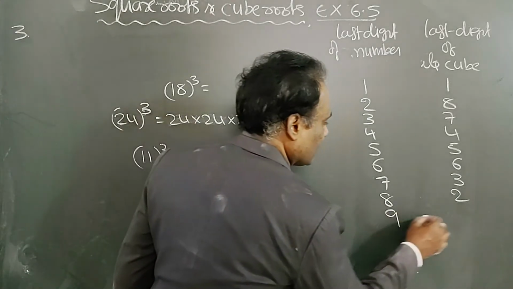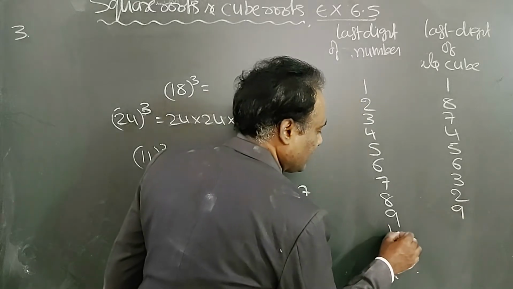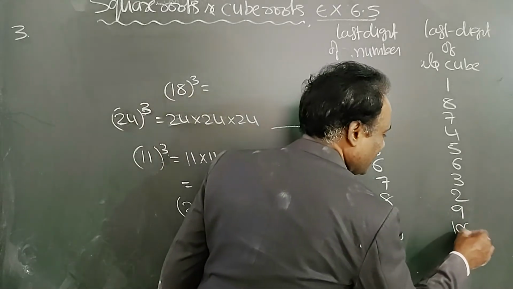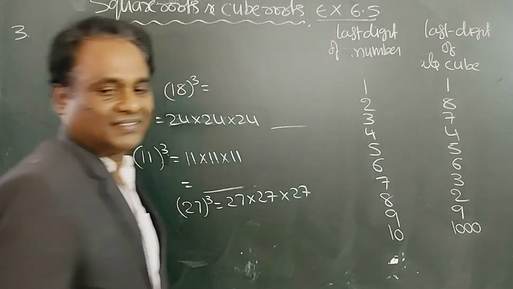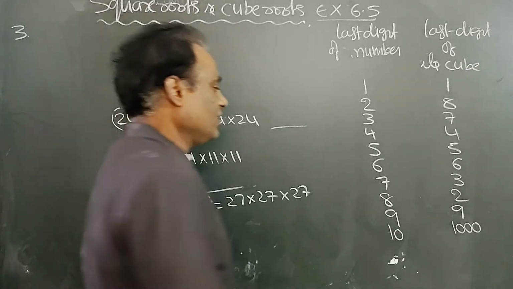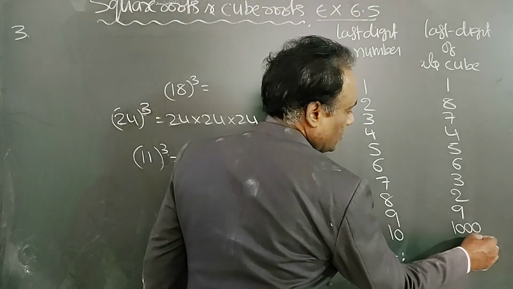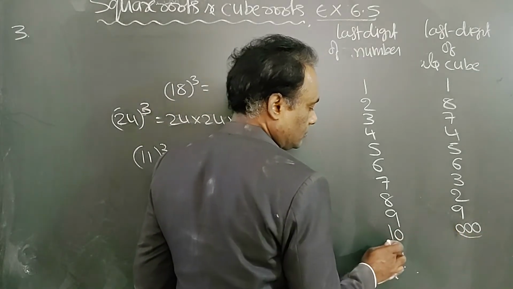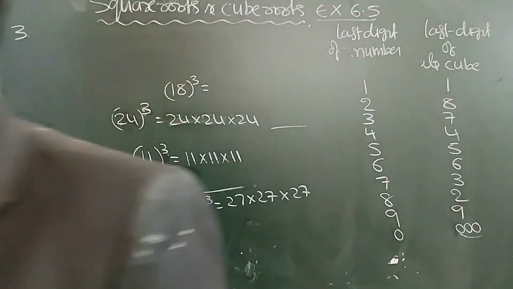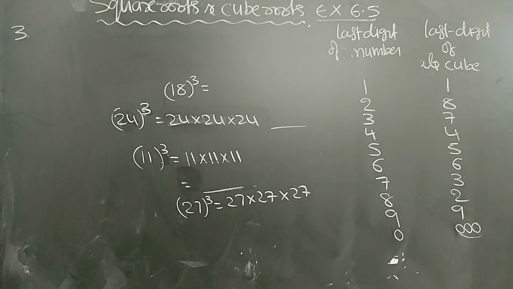For 9, the last digit is 9. For 10, the last digit 0 means the cube will end with 3 zeros. So this is the table we already wrote, and I explained.